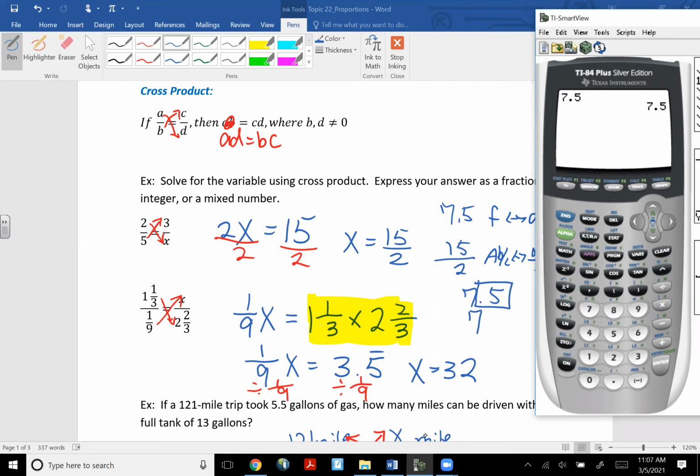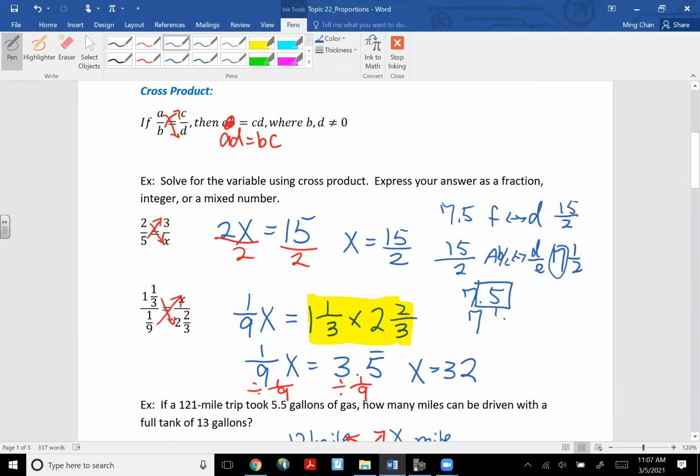I need the calculator to register all those decimals. So I'm going to take away my whole number first. The trick is to take away the whole number first. Then once you press equal or enter, the calculator will display the decimals, and then you can convert the decimals into a fraction. So that tells you that the answer is 7 1/2 in this case.